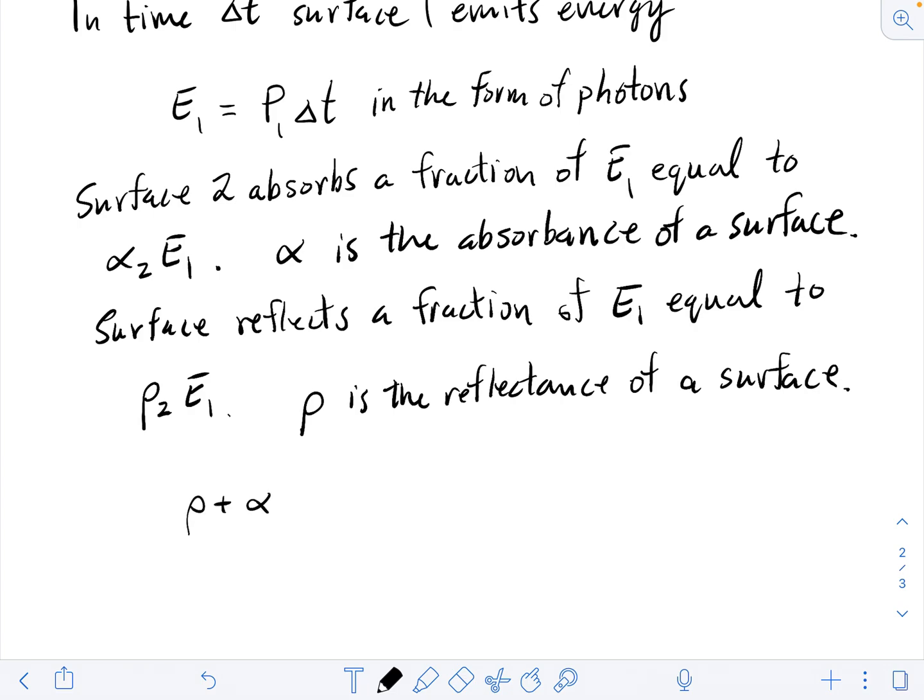As you'd expect, if we add the reflectance and the absorbance, that has to equal 1, or we could say that the reflectance is equal to 1 minus alpha.